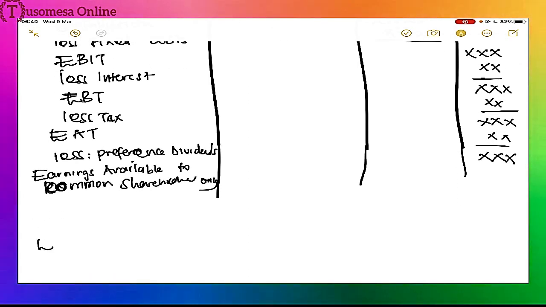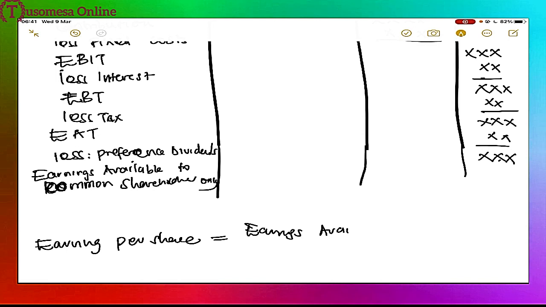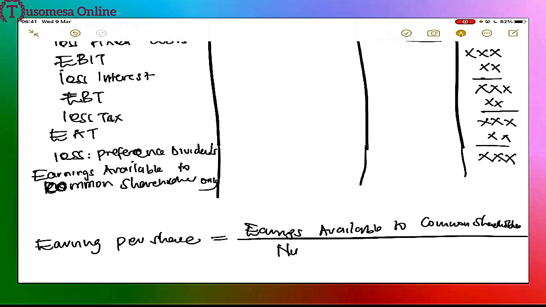Now if you want to get the earning per share, it is going to be given by the earnings which are available to the common shareholders only, the last figure we got, divided by the number of common shares that you have.